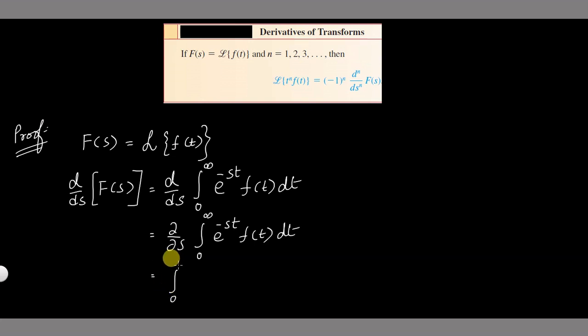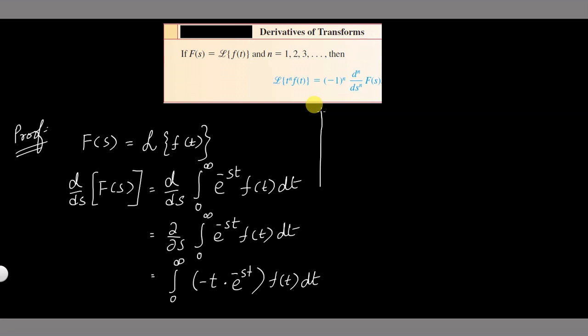Now just take the derivative of this function with respect to s. So what will be the answer? The answer will be minus t e raised to the power minus st f of t dt.